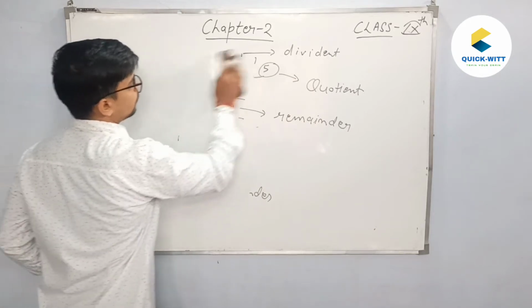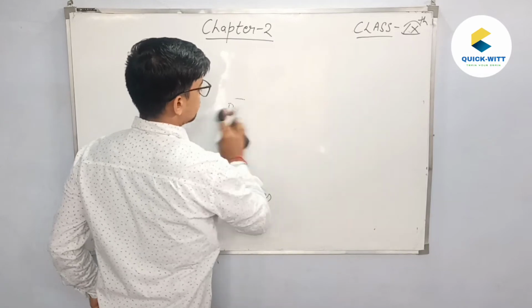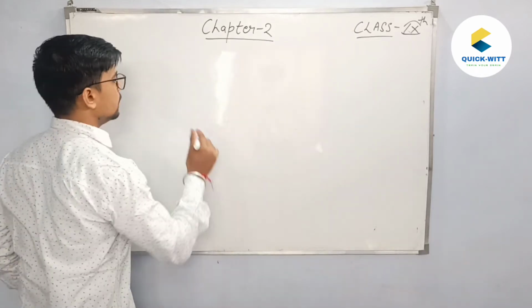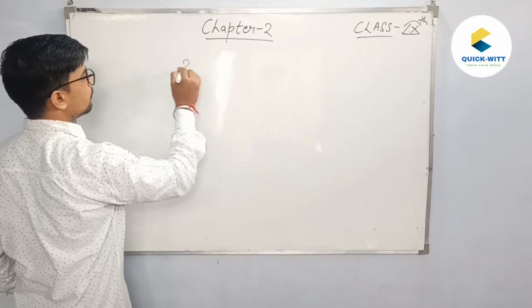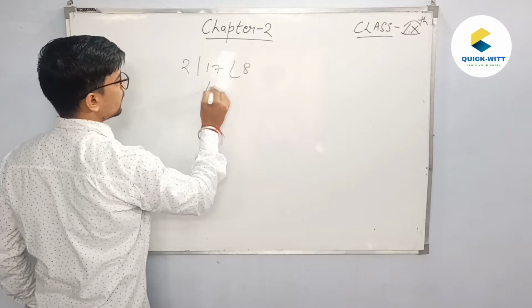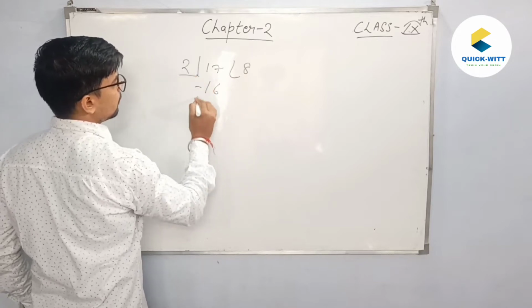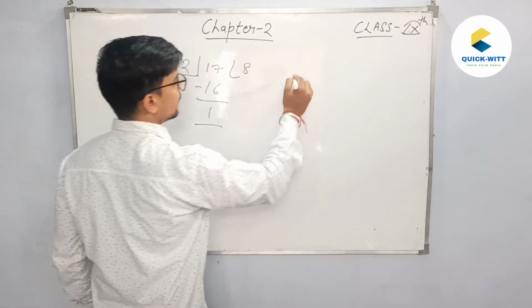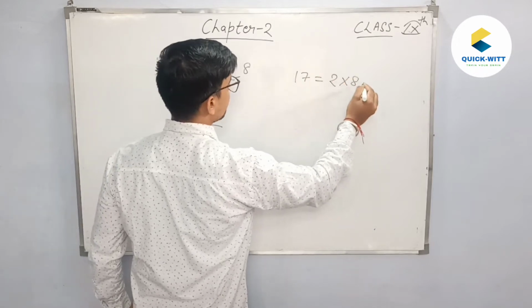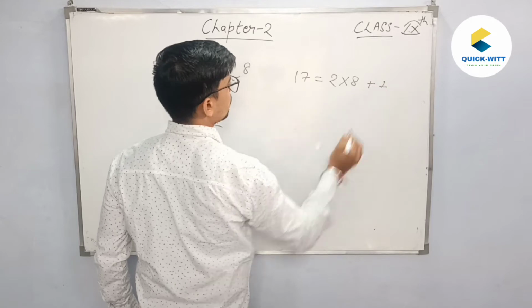Why do we have to learn these things? One more thing, if here we divide 17 by 2, what will we get? 2 times 8 is 16, minus, 1 remains, and I can write 17 in this way: 2 multiplied by 8 plus 1.